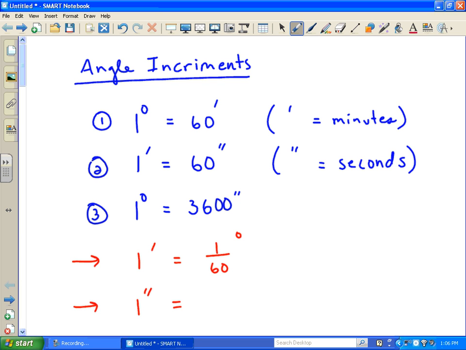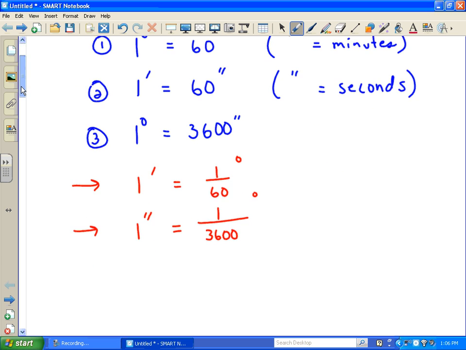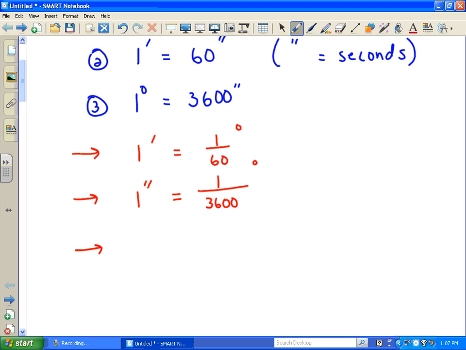If we want to convert that back to degrees, that would be 1/3600th of a degree. Also, let's say we had 1 second. That would be 1/60th of a minute. So you have these other conversions that are derived from the original 3 conversions.